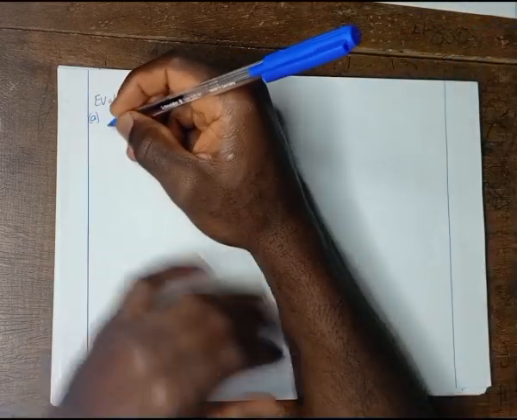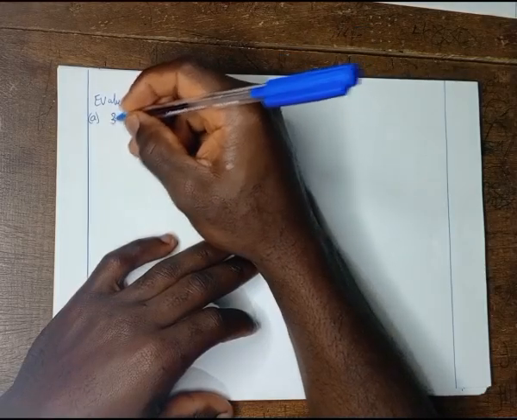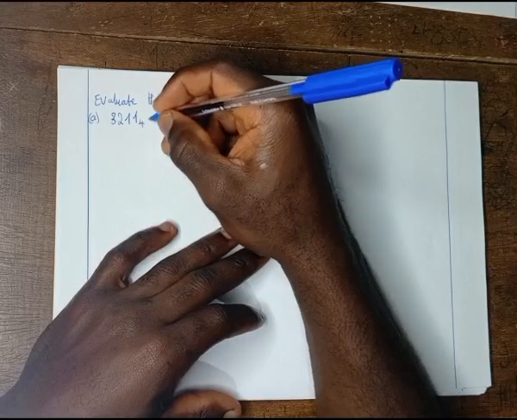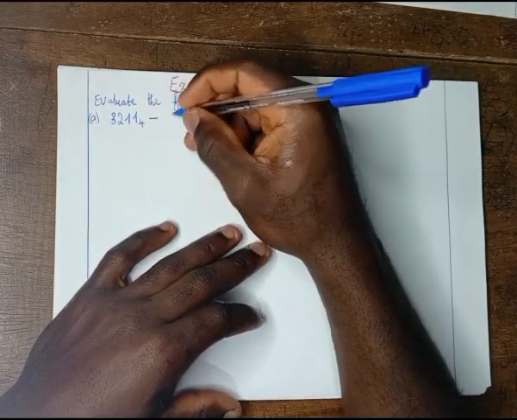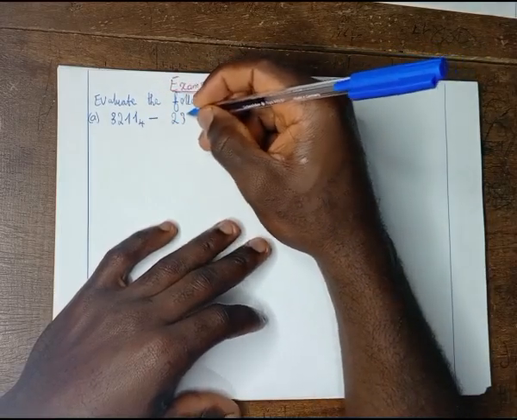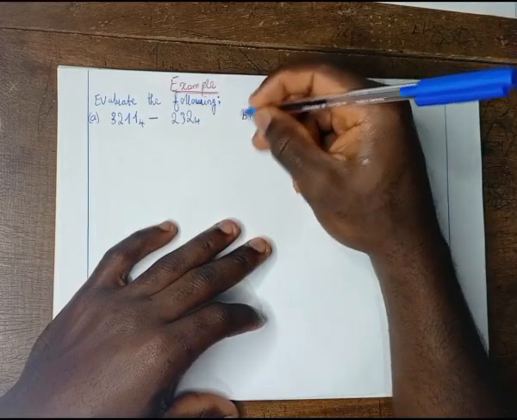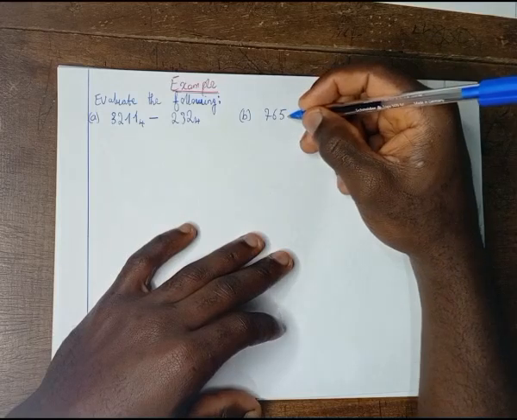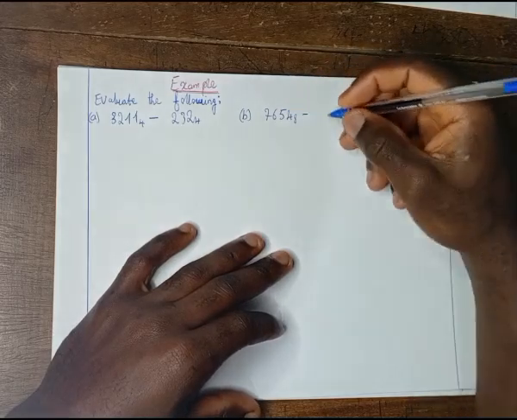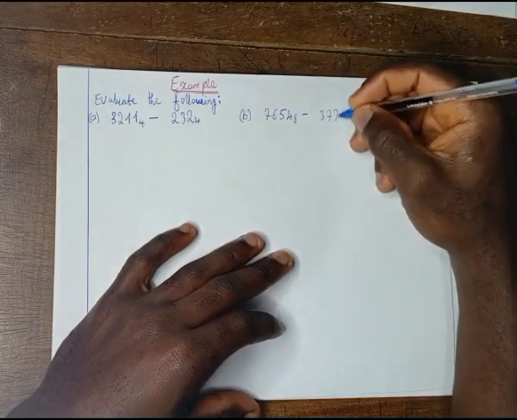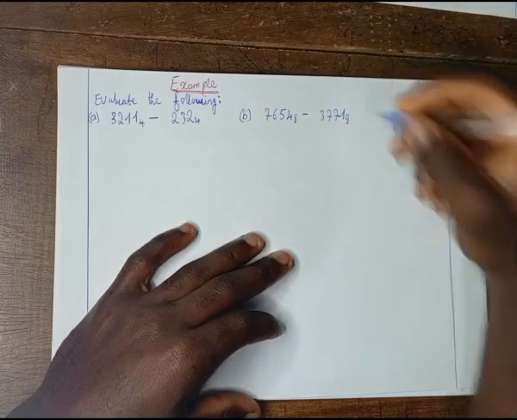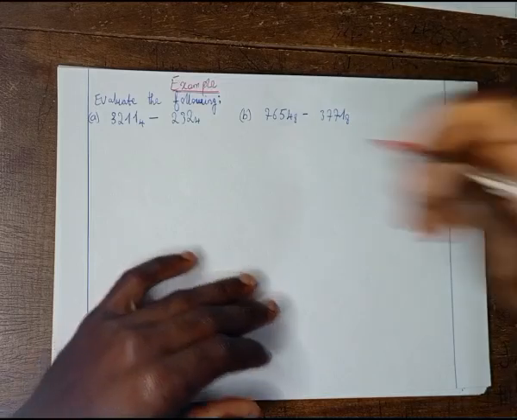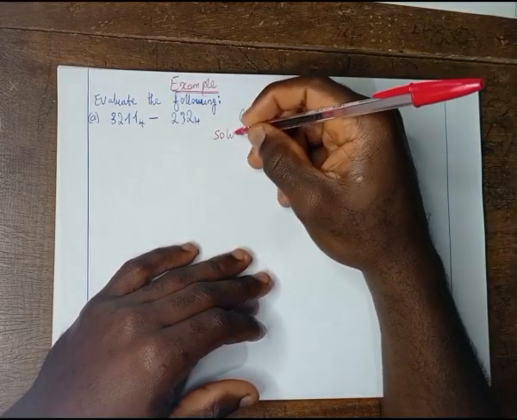For A, we have 3 2 1 1 in base 4 minus 2 3 2 in base 4. For B, we have 7 6 5 4 in base 8 minus 3 7 7 1 in base 8. We have these two questions. We take the solution.